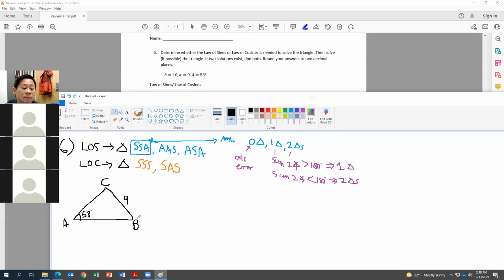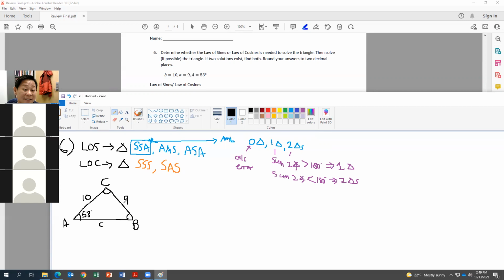And then across from B is 10. So we are missing angle C and angle B. Well, now, what kind of triangle do we call this? SSA, AAS, ASA, SSS, SAS. What kind of triangle do we call this?